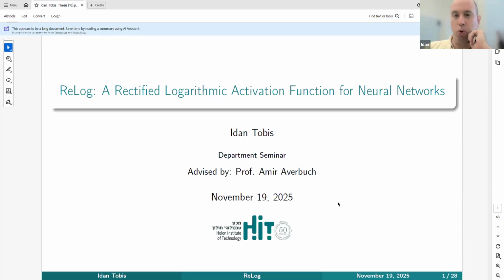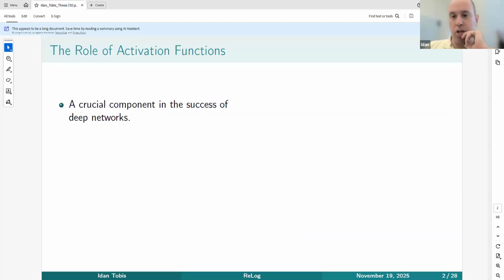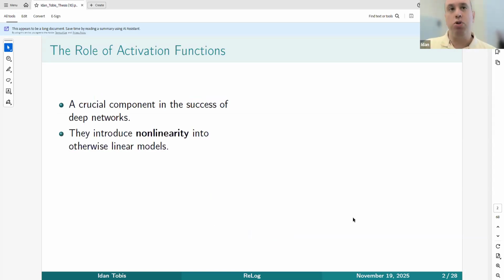So today I'm going to present the thesis I'm working on. This is a work in progress. It is about what I call ReLog, or a rectified logarithmic activation function for neural networks. And just a reminder, the role of activation functions. Activation functions are a crucial component in the success of deep neural networks. What they do is they introduce nonlinearity into what would otherwise be a linear model.